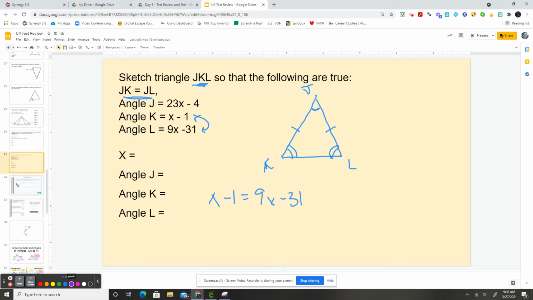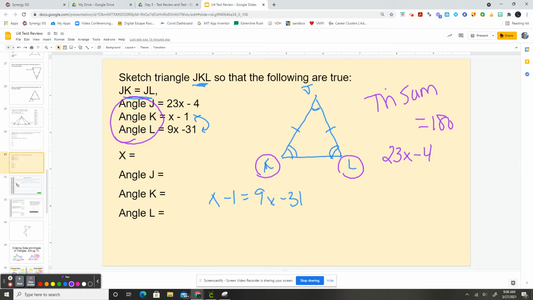If that's a struggle question for you, you know these are all angles, and you know with triangle sum, all the angles have to equal 180 degrees. So if you're given 3 angles and you don't want to draw the triangle and figure out which angles are congruent, then you can just add them all up. 23x minus 4 and x minus 1 and 9x minus 31.